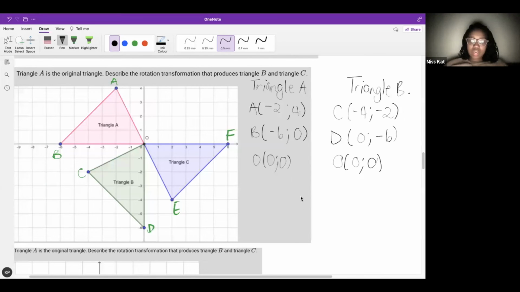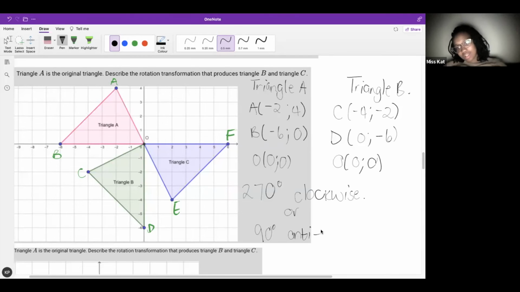I think it's 270 degrees. Which direction? Is it clockwise? 270 degrees clockwise or 90 degrees anti-clockwise.